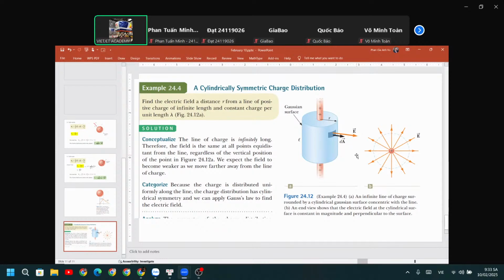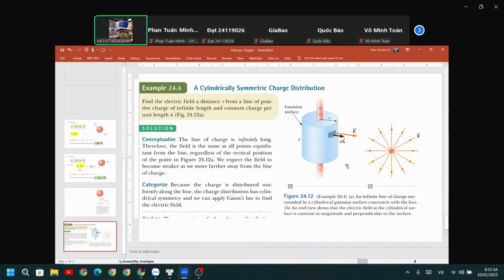It is because the line is very long, right? So any point on the line can be the midpoint of the line. Then we have the symmetry in this configuration, and E must be perpendicular to the line.